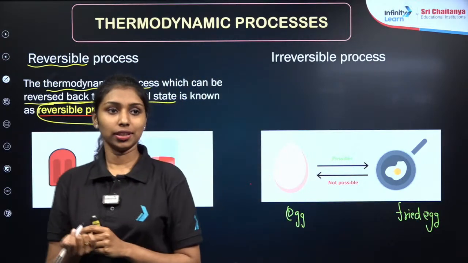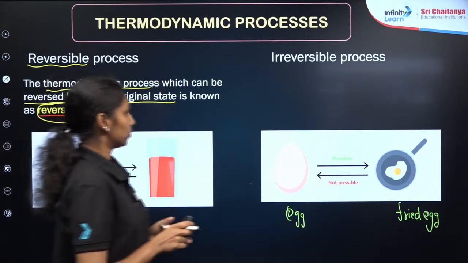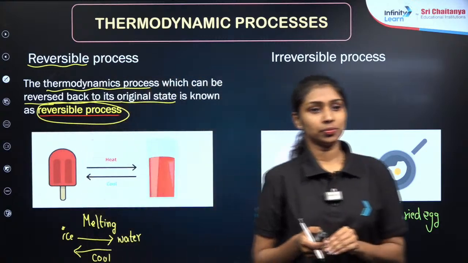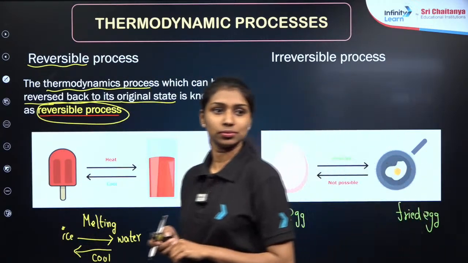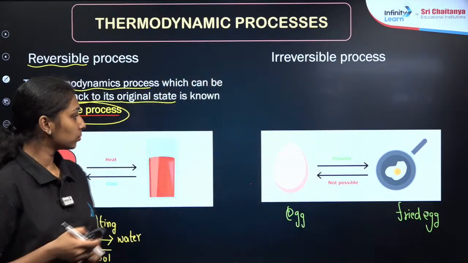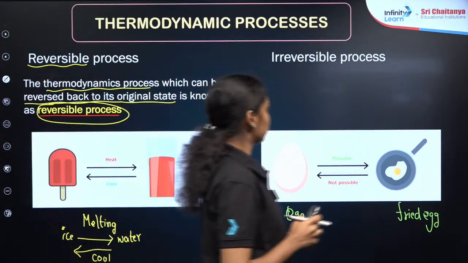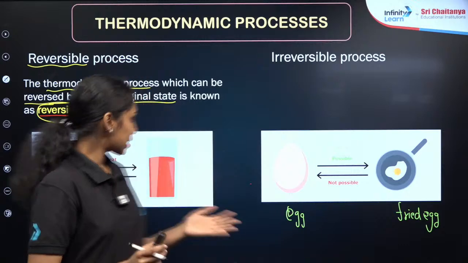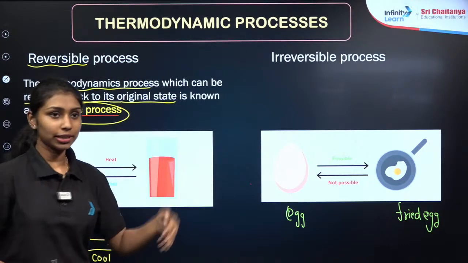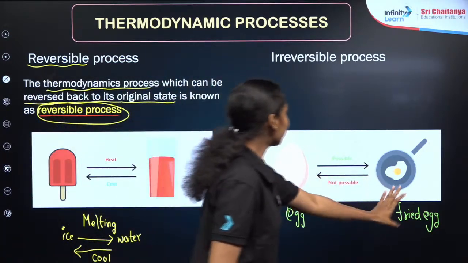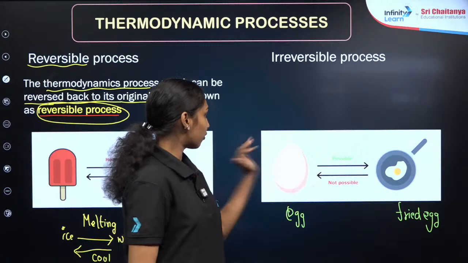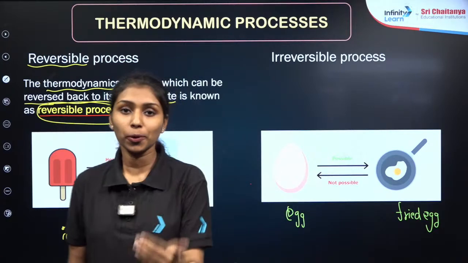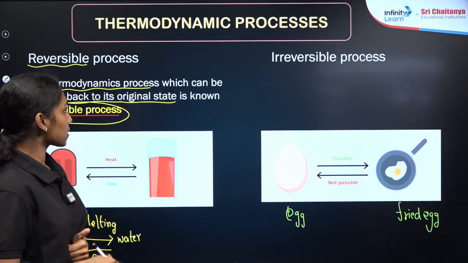Is it possible? No, right? Just like ice to water, we cannot convert the fried egg back into the original one, right? So such a type of process is known as an irreversible process, right?